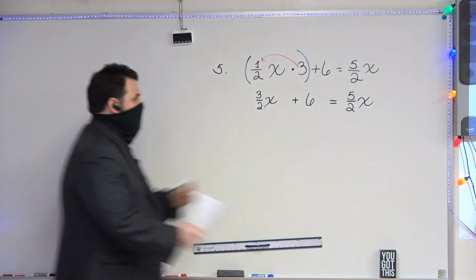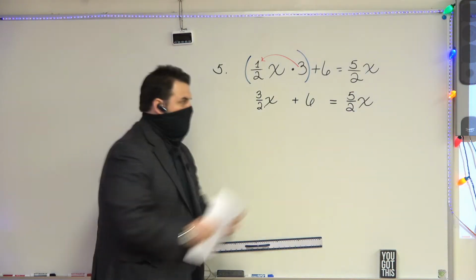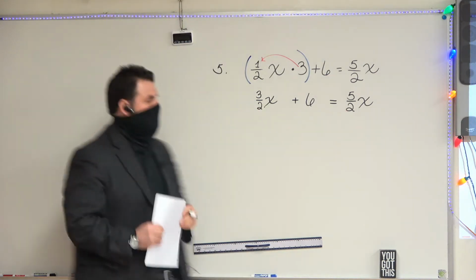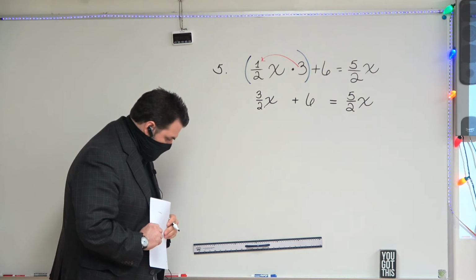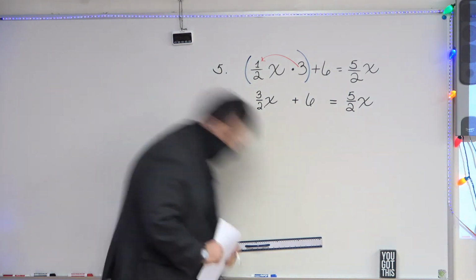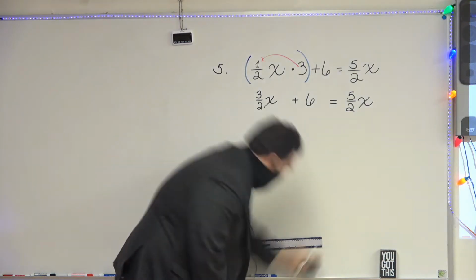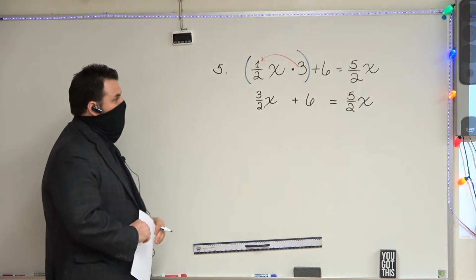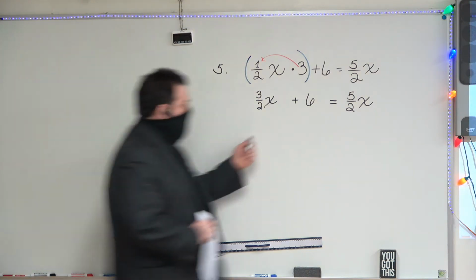Now we're always trying to gather like terms together. So here's a like term and here's a like term. You stay right there. So let me ask you a question. What do you think makes more sense?